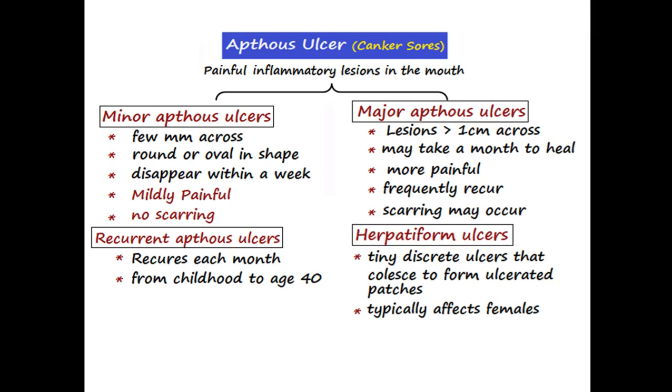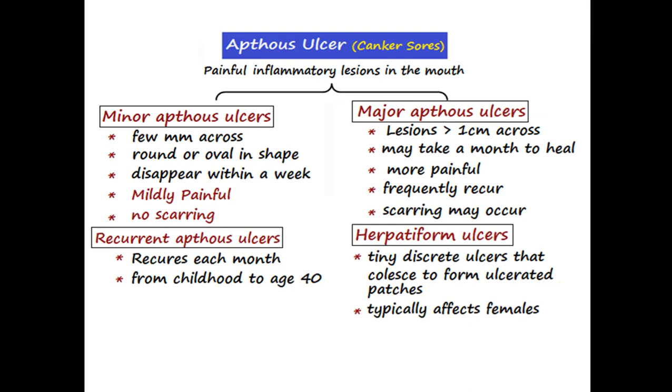Comparatively, they are more painful and their recurrence is more frequent. And since these are large, when they heal, they may leave behind a scar. But as you know, acute inflammation, mostly when it is resolved, doesn't leave a scar. But chronic inflammation, on the other hand, will leave behind a scar.